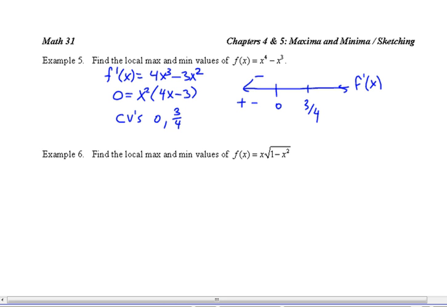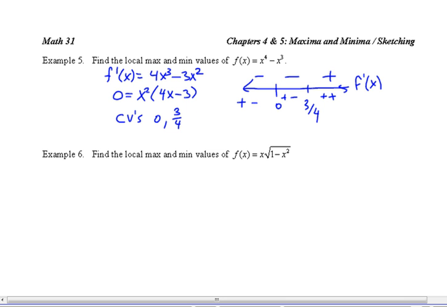Between 0 and 3/4, say a half. Half squared is positive, 4 times a half is 2, minus 3 is negative, so negative. And the last one, I don't know, 1. 1 squared is positive, and then 4x minus 3 would be positive.